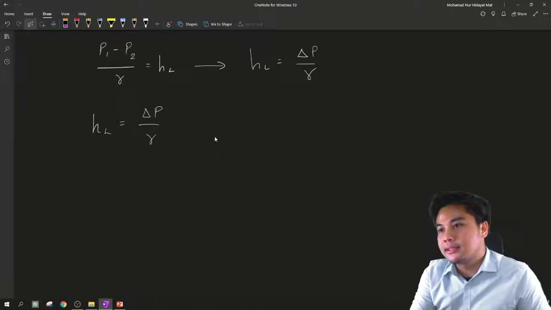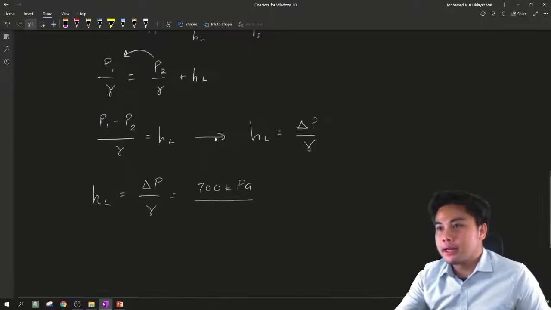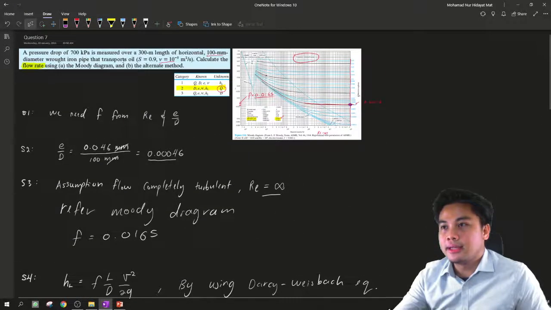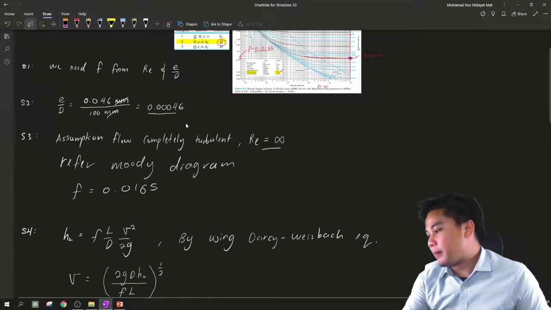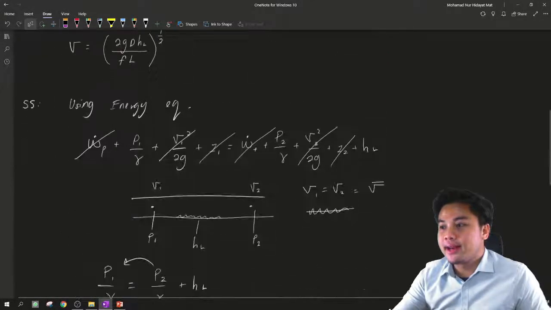However, for gamma, it is given that this is not water, it is transport oil.